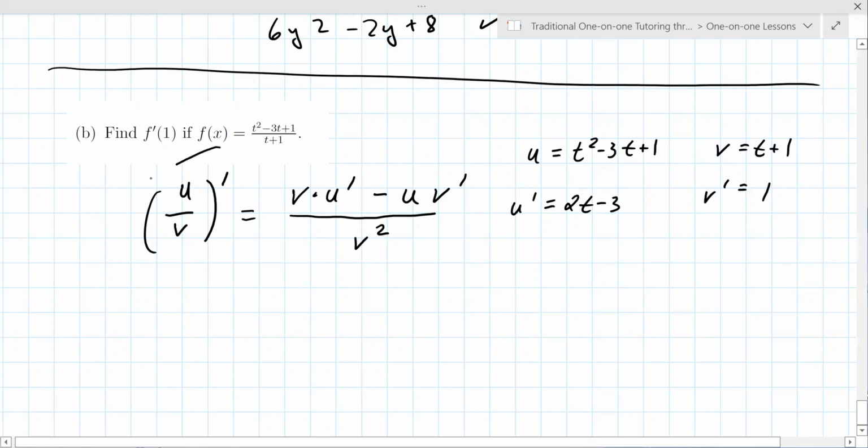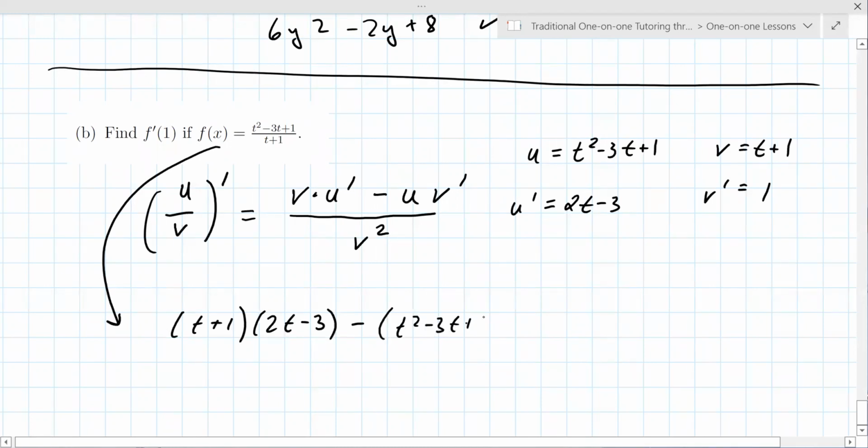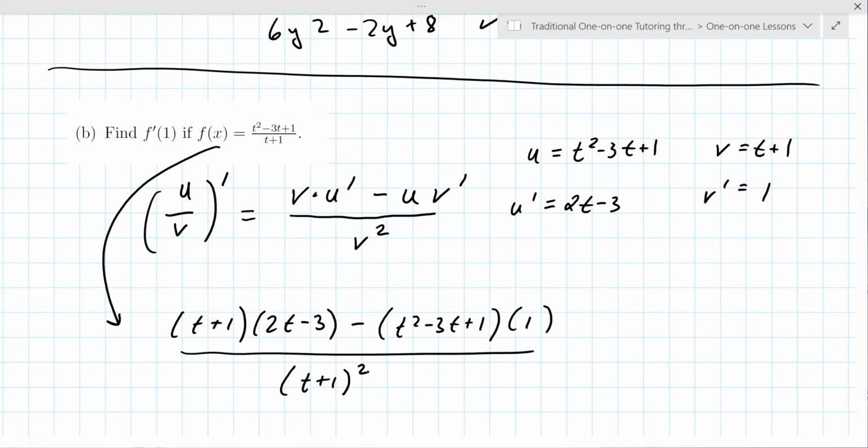In terms of your derivative, it's t plus 1 times u prime, 2t minus 3. Again, I like to keep everything in parentheses. Minus u, t squared minus 3t plus 1, times v prime, which is 1, over v squared, t plus 1 squared.